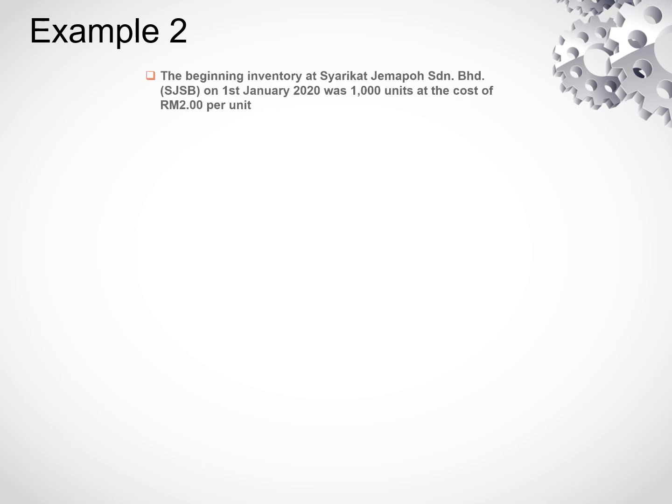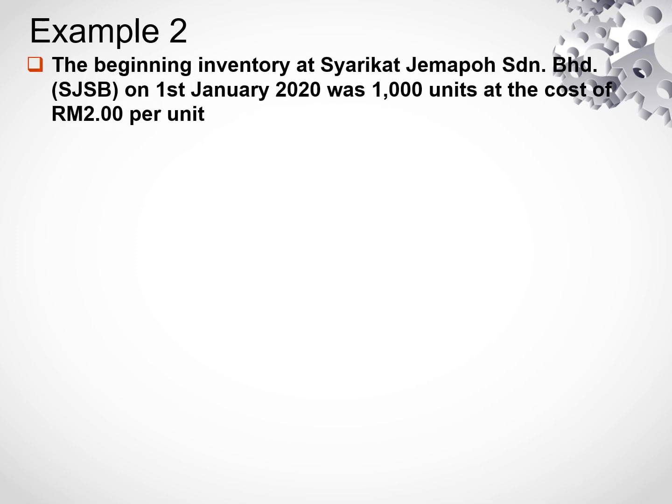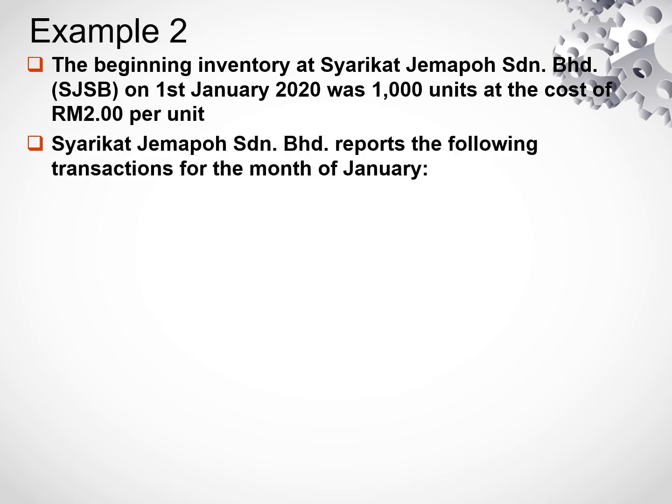Example 2. The beginning inventory at Syarikat Jama Pos Yang Berhad, SJSB, on 1st January 2020 was 1,000 unit at the cost of RM2 per unit. In January, the company reports the following transactions.